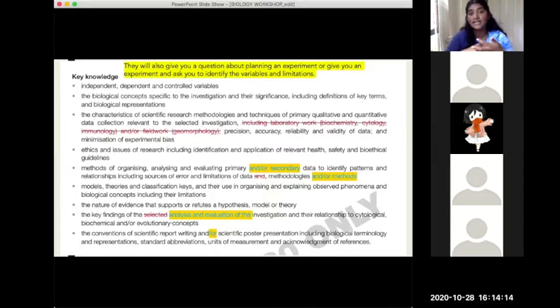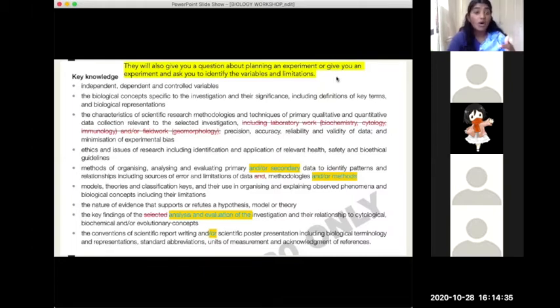So having these key principles of research methods, having the basics of independent variables, dependent variables, understanding why experiments are set up the way they are, and understanding how to set up your own is going to be really beneficial, because I feel like they're going to keep trying to pull those traits out of you.